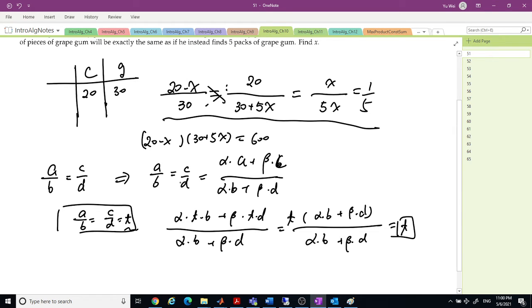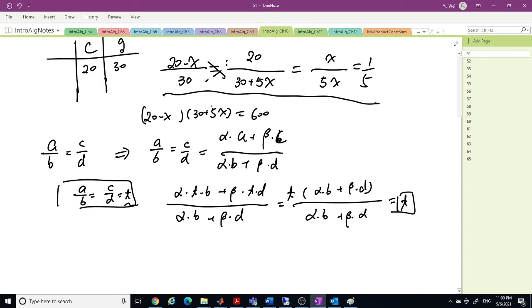So they are equal. That's why I use this one minus this one, right? Basically this one times 1, this one times negative 1. So this one minus that one gives x, this one minus this one gives 5x, over 1 over 5.